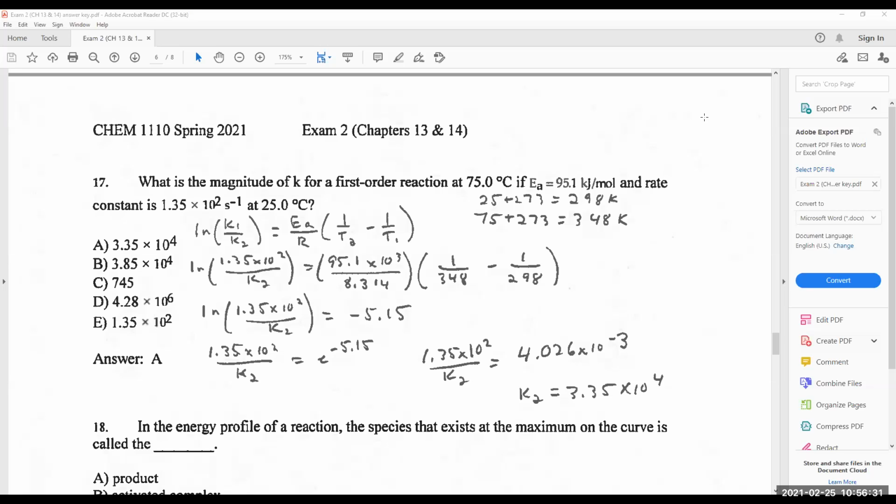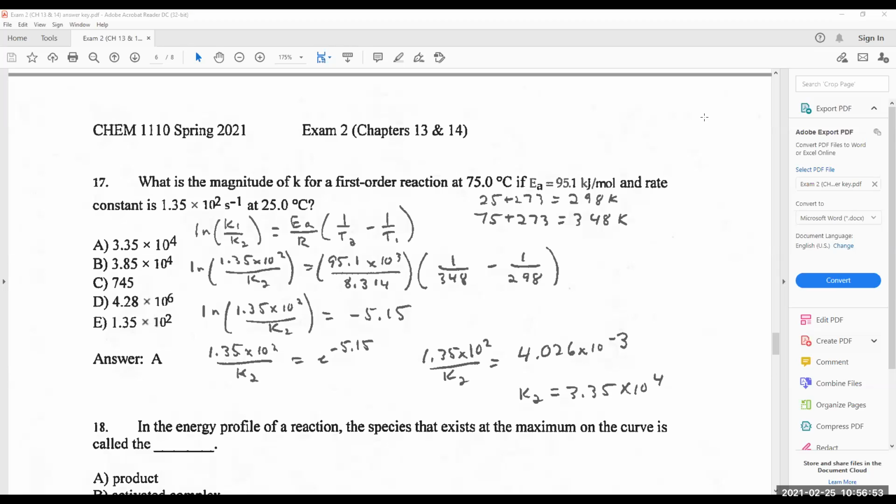That leaves us to solve for K2. And this is where there's a lot of button pressing on your calculator. You have to make sure you keep all that straight. This is what we talked about in class: you're going to get to the point where you have e to the something, in this case, minus 5.15.